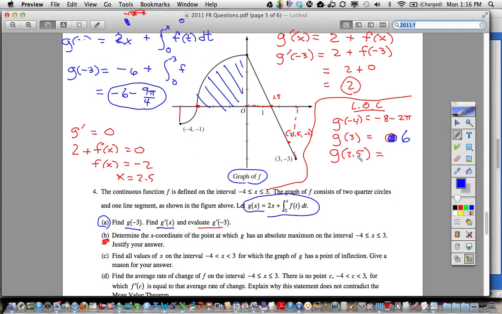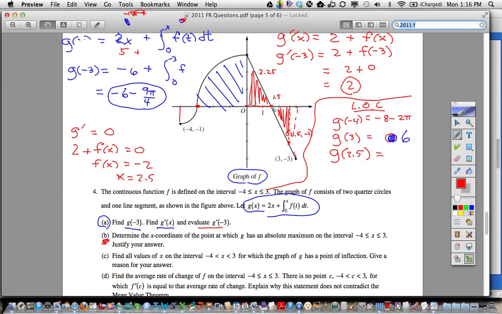Okay, and now finally I'm going to do g of 2.5. So I put a 2.5 right there. So that's going to be 5. And then I need the area from 0 to 2.5. Well, that's going to be almost the same, except it's not going to cancel out, is it? So it's going to be this area and this area. Let's just see it. This would be 1.5 times 3, that's 4.5. Divided by 2, that's 2.25.